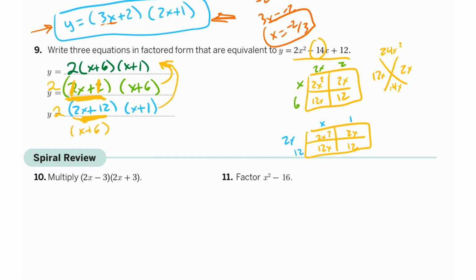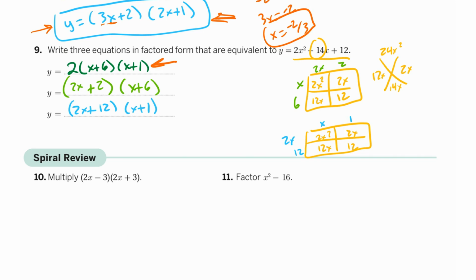And so really all of these three answers are all equivalent. They just look a little bit different depending on how you factored it. And again, personally, I think this is the best answer because it's the most factored. I also think it's easiest to do the greatest common factor first, but it's a good example to show all of them.